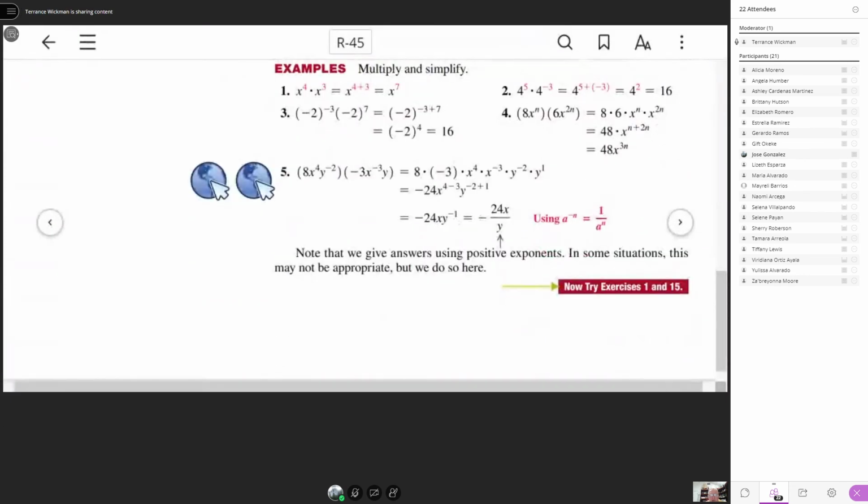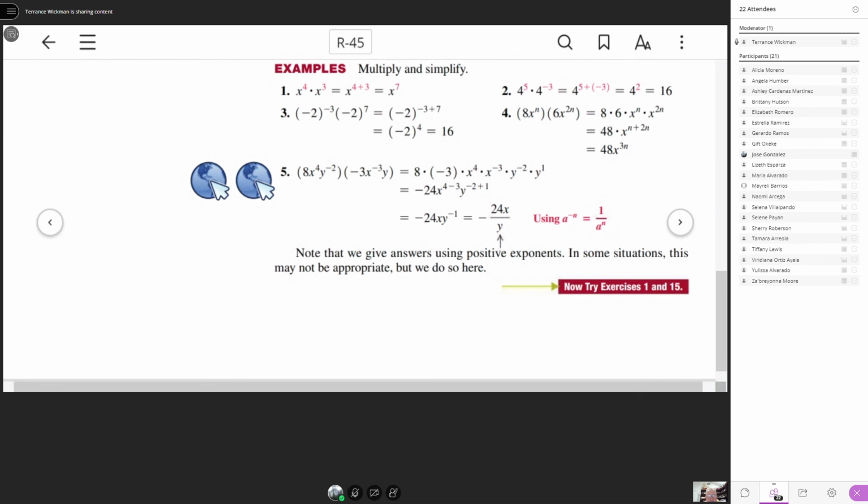So now, they make it more complicated. Let's look at number 5. You have 8x to the fourth and y to the negative 2 power. Well, y to the negative 2 power has to go in the denominator. Let's just take the whole numbers first. Don't let this bother you. Let me break it down for you easy. 8 times a negative 3 is negative 24.